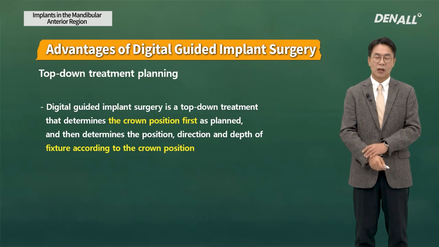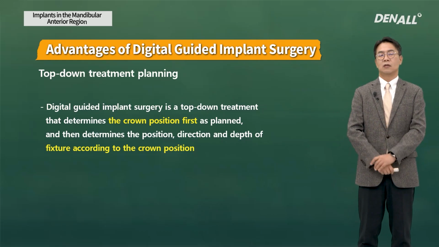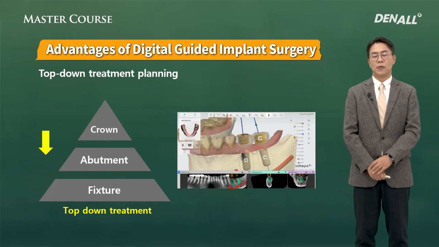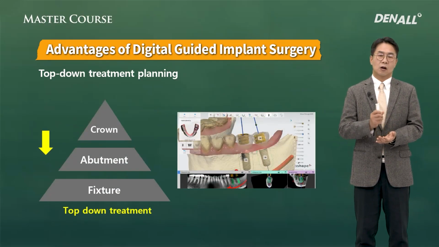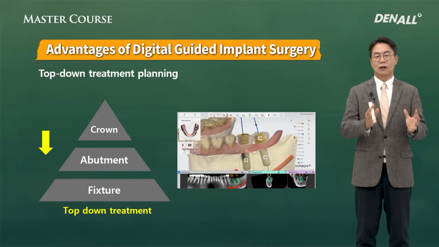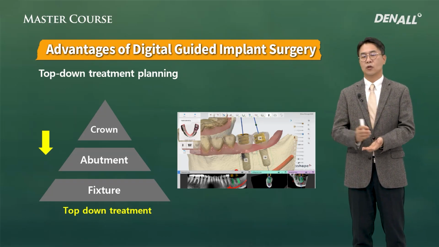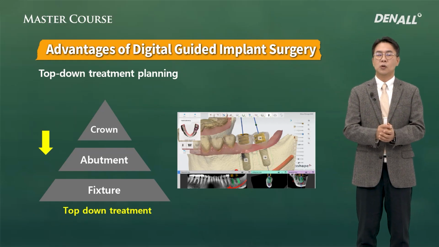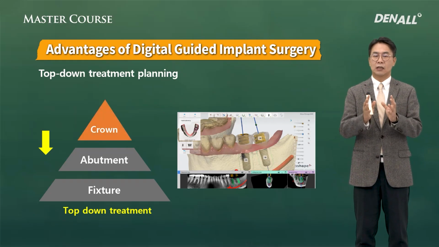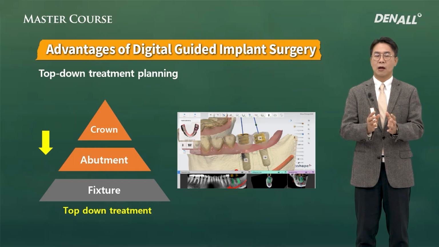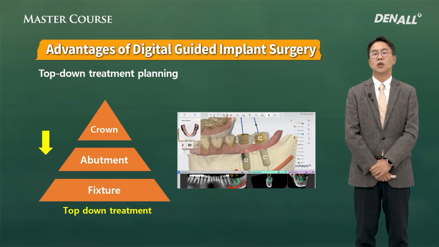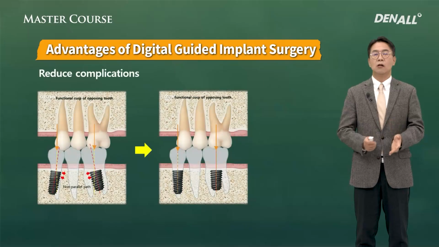After that, you need to consider whether soft tissue or hard tissue graft is necessary. When you use a guided surgery, you need to use a relevant software fitting the surgery. Using the software, the crown positions are determined and abutments are selected. Accordingly, the implant positions are determined.